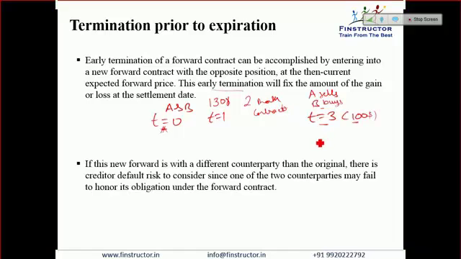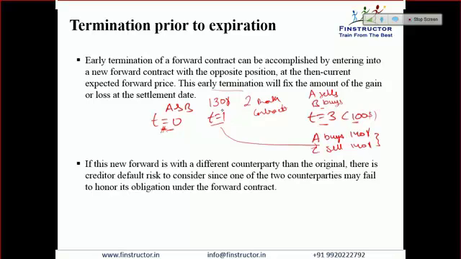So with another counterparty, A agrees to buy at $140 and the counterparty C agrees to sell the book at $140. This is a new forward contract that A has entered into, wherein he has taken the opposite position. In the original contract, A was a seller. In the new contract, A is a buyer, but of course this contract will happen at the current price.